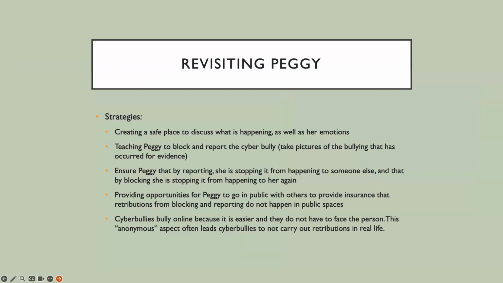All right. Peggy, I shared a little bit about, but I really want to get to how to block and report. For Peggy, we really had to talk about her knowing that a lot of cyberbully people say it behind the screen because they're too scared to do it in real life. They hide behind the screen, and that's why they do it online.